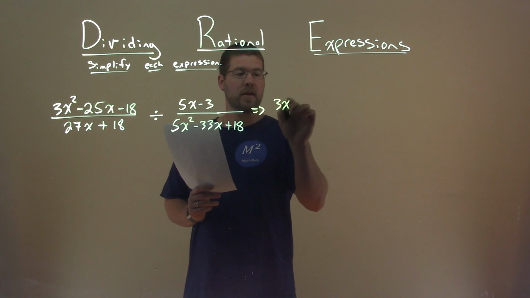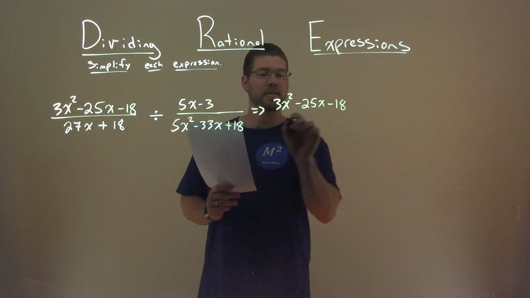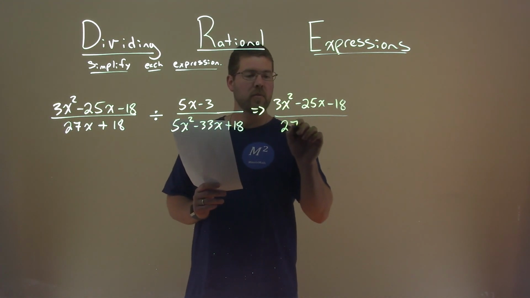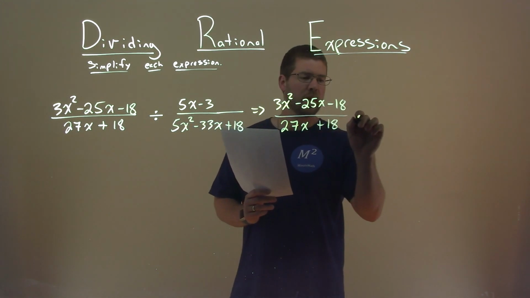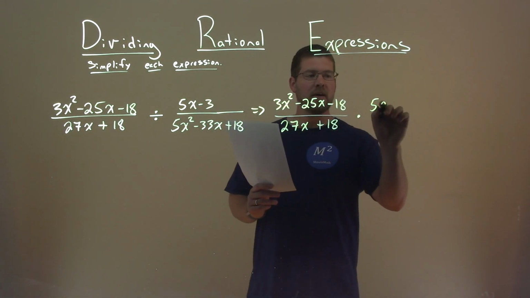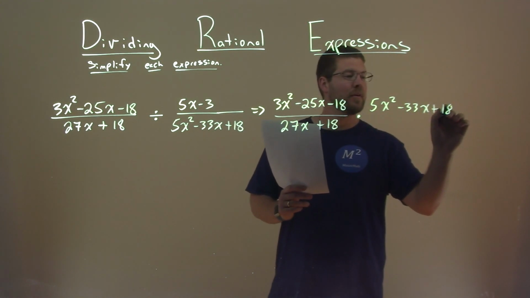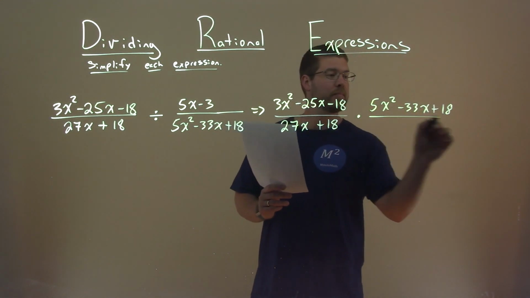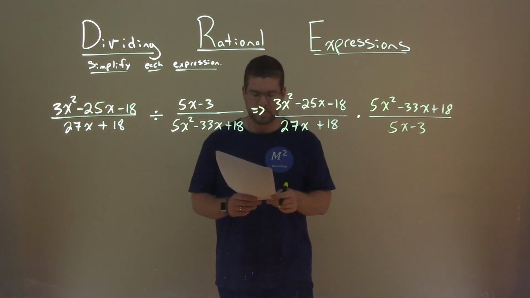First part stays the same, 3x squared minus 25x minus 18 all over 27x plus 18. But instead of dividing, we're going to multiply, and we're going to flip the fraction. 5x squared minus 33x plus 18 goes in the numerator, and the denominator is just 5x minus 3.